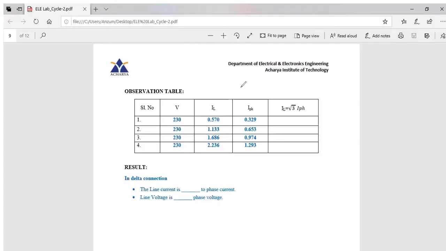Once we are done with the conduction, the readings from the different meters are taken and entered in the observation table. So the supply voltage, as you can see here, is 230 volts in each case, and the line currents and the phase currents are taken. And we need to calculate the line current, which is equal to root 3 times IPH.